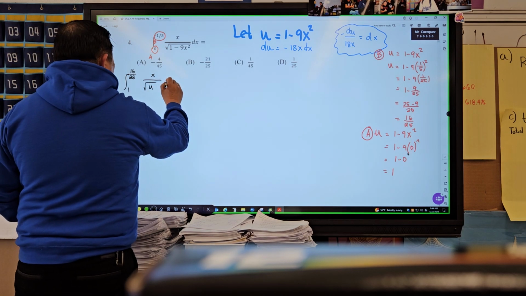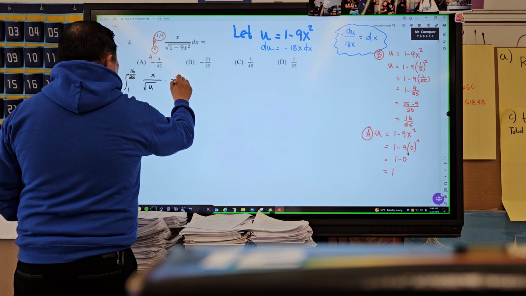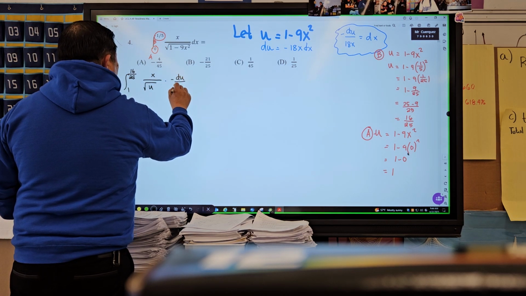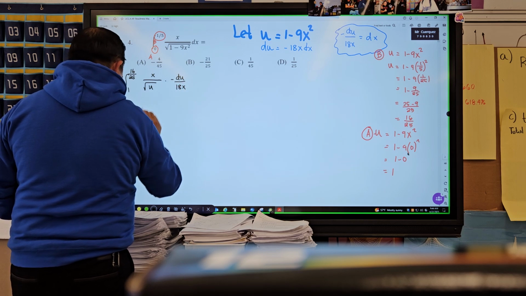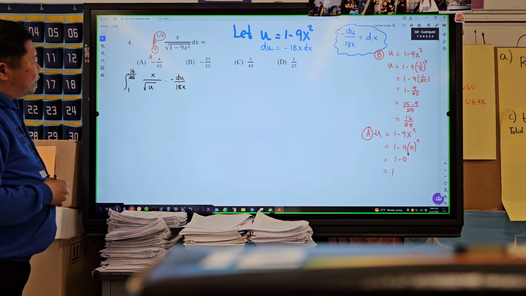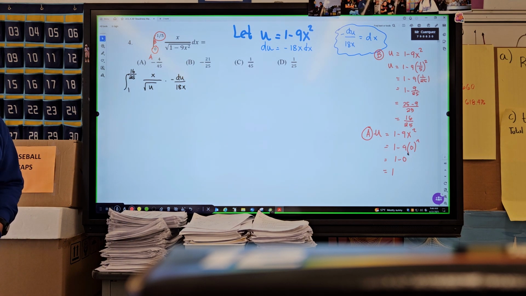What do you notice right here, what cancels out? The x cancels out.